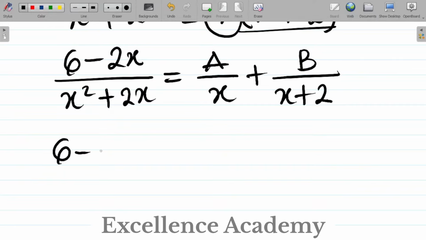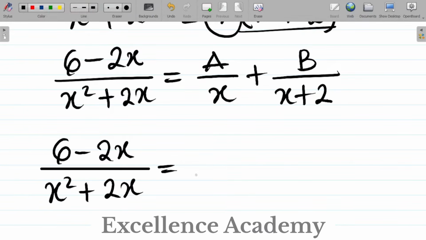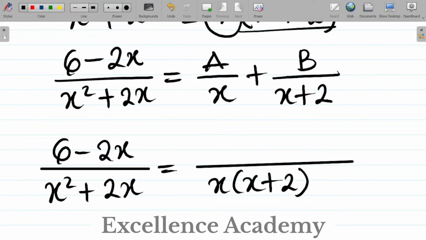We'll have that 6 minus 2x all divided by x squared plus 2x is equal to, simply multiply by the denominator, that's x into x plus 2. If I multiply, it becomes a into x plus 2, plus x times b, that's bx.